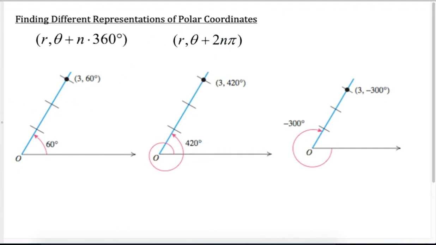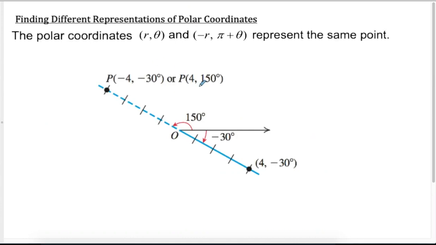Now, another way that we can represent polar coordinates in different ways is by changing the sign on r. In the first slide, I mentioned that r was a directed distance. So if we start, for example, with the point (4, -30 degrees), that's saying I went a radius of 4 and then rotated negative 30 degrees.